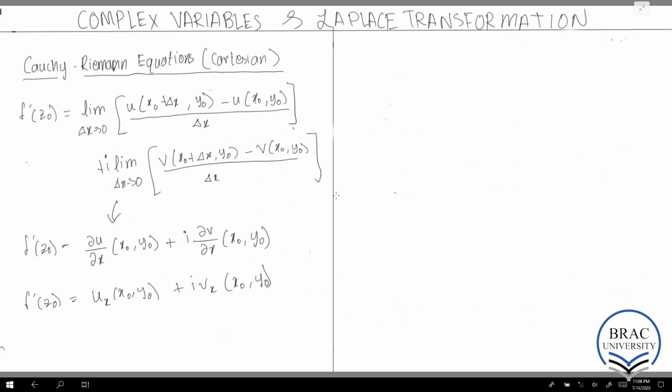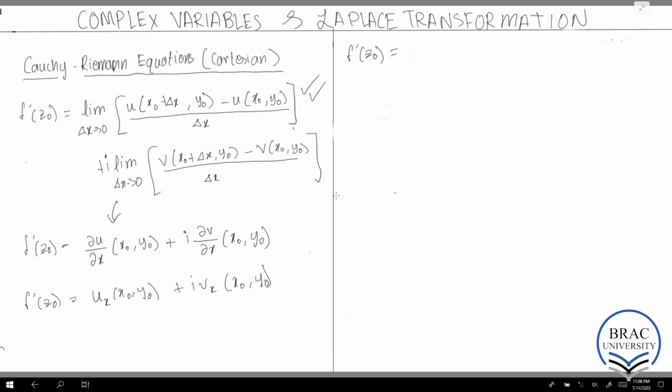If it were vertical, we would have f prime at z naught. As we did for the horizontal case, I'm not going to repeat the algebra, it's simple algebra. I'm just going to go to a similar step like this one.